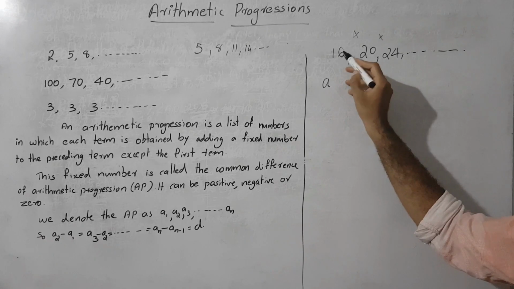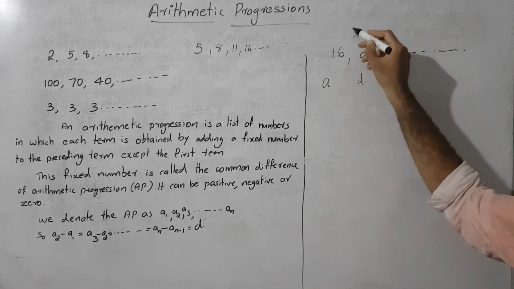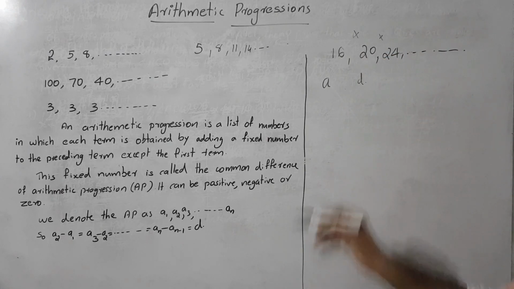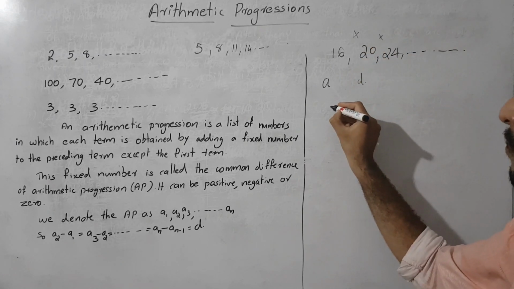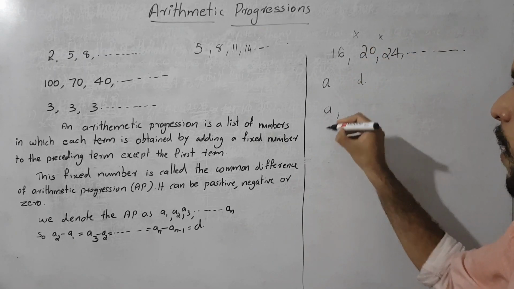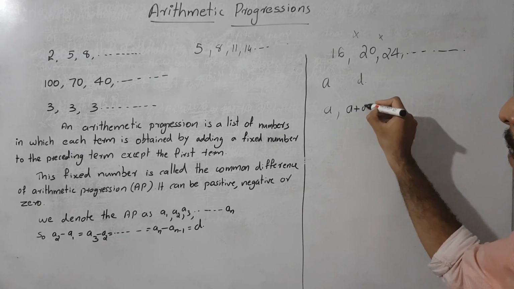As here, we know 16 and 4. How do we write the second term? Yes, 16 plus 4, correct? This 4 is the common difference. Then with first term A, how to write the second term? Yes, first term plus common difference.